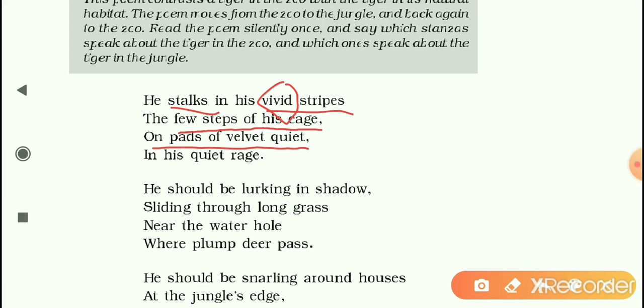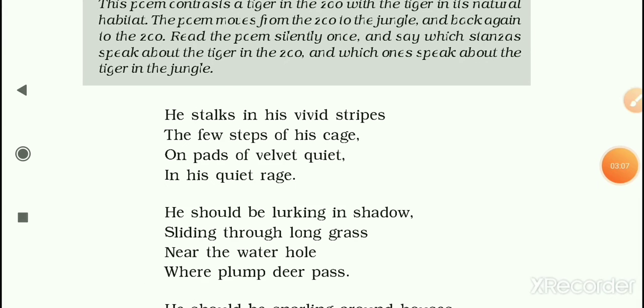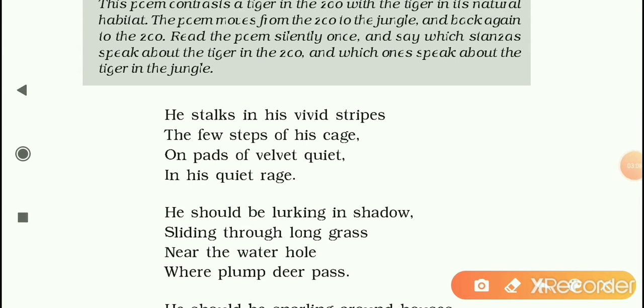And in his quiet rage, we see that in this poem the word quiet has been used twice in the first stanza. Though the word quiet here means silent or calm, the uses are quite different.